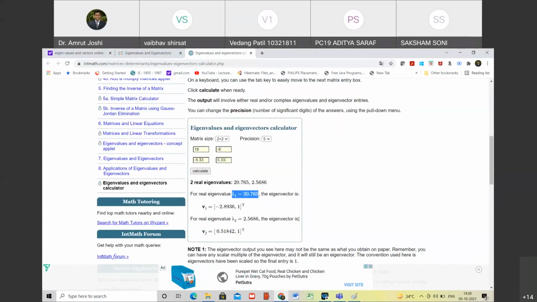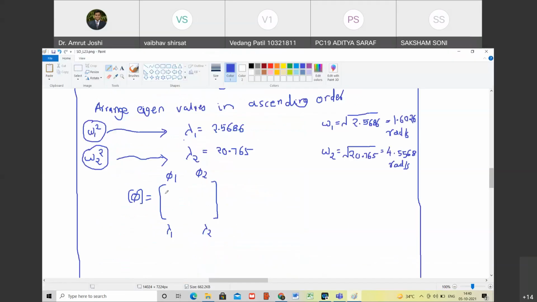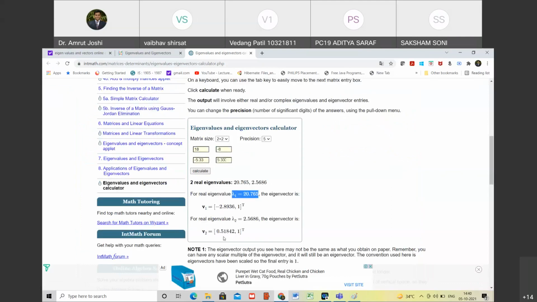Sir, for the first, it will be 0.51842 and 1, transposed. So the eigenvector corresponding to 2.5686 is 0.51842 and 1.